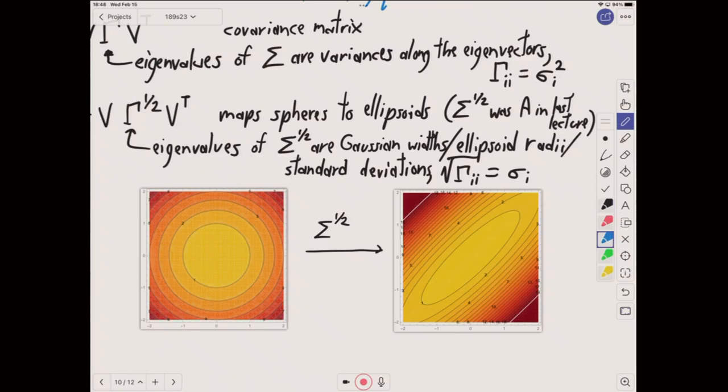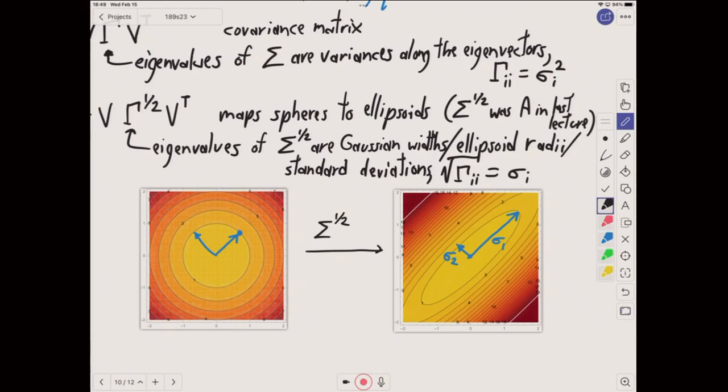So, for instance, if you look at this point on the innermost isocontour, then if you map that vector through sigma to the 1/2, you're going to get this vector. And that is one of the eigenvectors of sigma to the 1/2. The corresponding eigenvalue tells you how much longer that vector gets. You can think of that as maybe sigma 1, and then there's another eigenvector in this direction. Here it's the minor axis of this ellipse, so that's sigma 2.